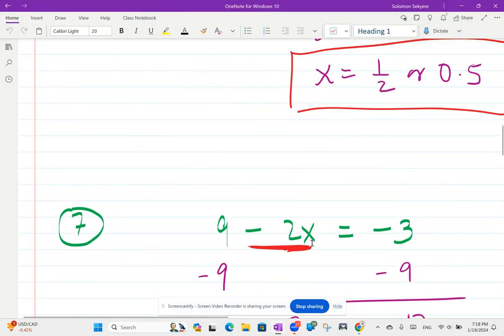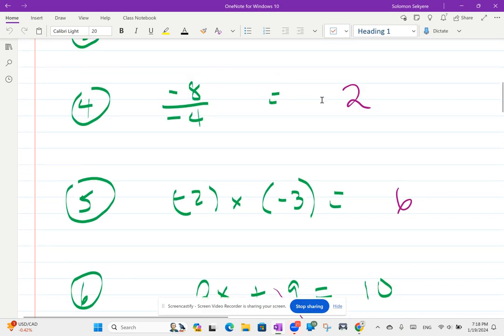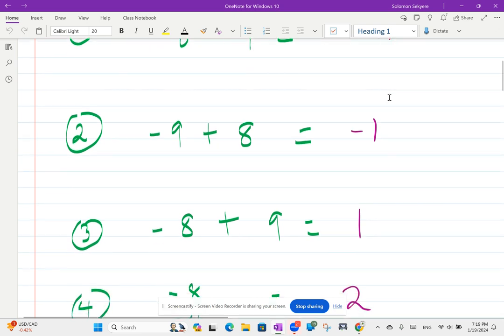Okay, kids, let's do some more two-step equations with negative integers. Real quick, we know how to do this, right? Negative 8 minus 9 is negative 17, we know all these.